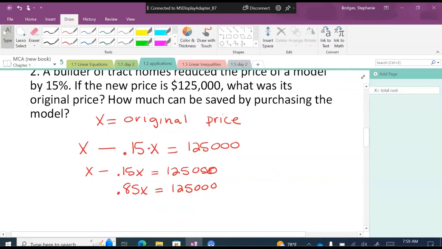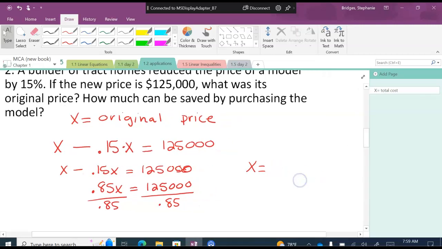And we're going to divide. And remember, x is the original cost. So once I find x, that's one answer. 125,000 divided by 0.85. How much did you guys get? 147,058.82. So that's the original cost.